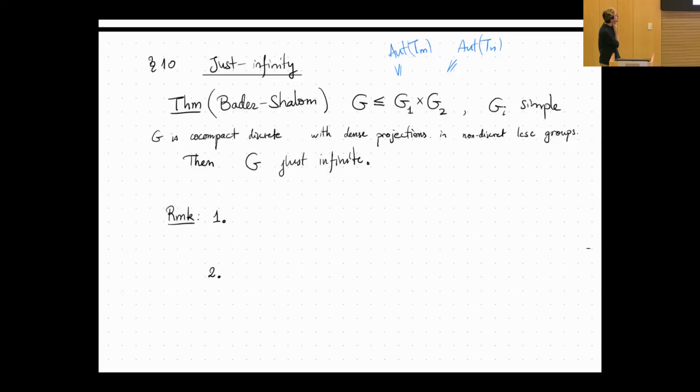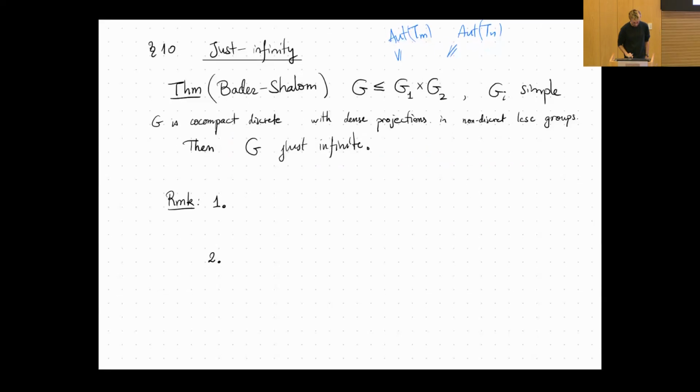So what are the remarks here? Some of them I mentioned: this was proved by Margulis in a certain setting, and then by Burger and Mozes in the setting of the BMWs.